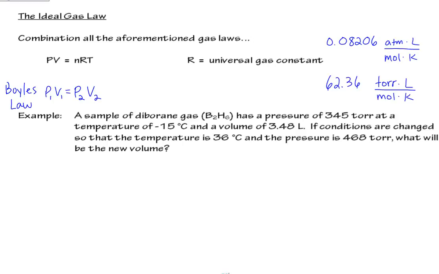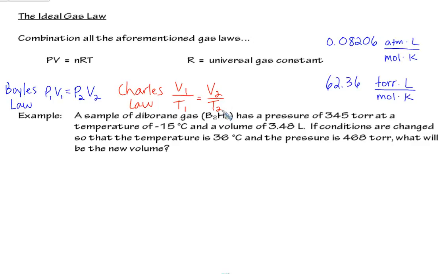I would know Charles' law. Hiding in pervnert is V1 over T1 equals V2 over T2.